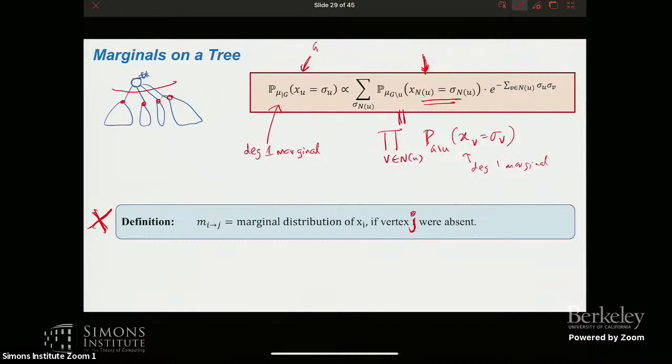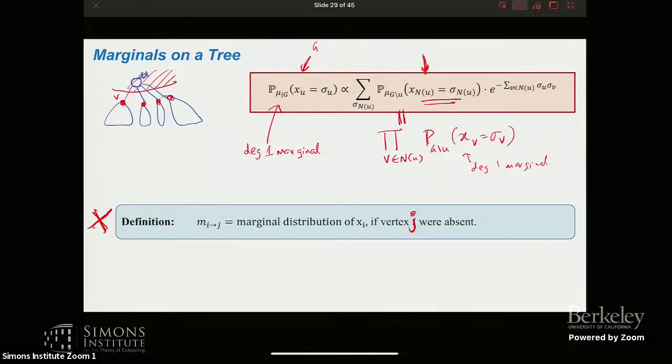So basically, once I delete this vertex u, I want to know what is the marginal distribution of each of these roots of the subtrees, or each of these vertices v. So what you really want to know is the marginal distribution of this vertex v in the situation where the vertex u did not exist, meaning after you deleted vertex u.